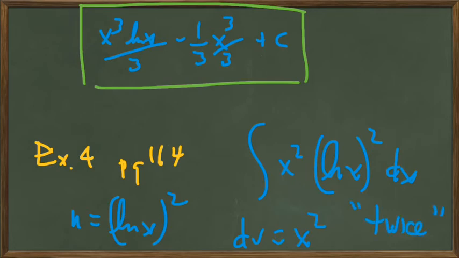And if you look through the steps of this example on page 164, you see how this one is done twice. So sort of like the part one that we did twice.